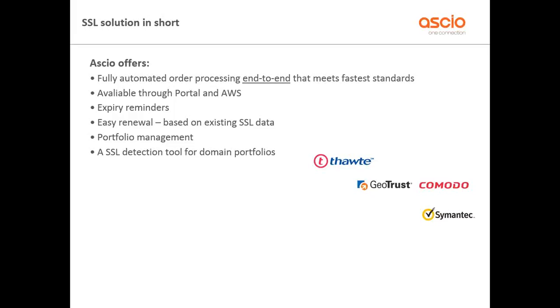You will have portfolio management, where you can see the certificates in your portfolio, when they expire and which ones should be renewed, and you can search with different filters and criteria. Also, we will offer you a small tool where you can detect if there's an SSL certificate related to a certain domain name or a subdomain. I'll explain about this later in this presentation.